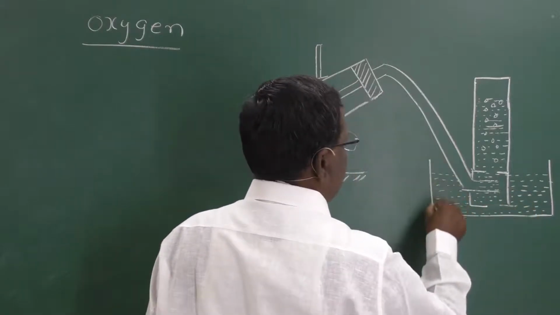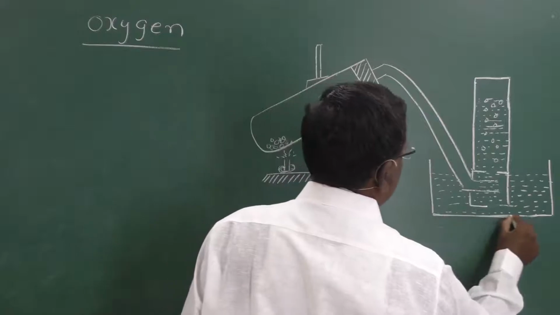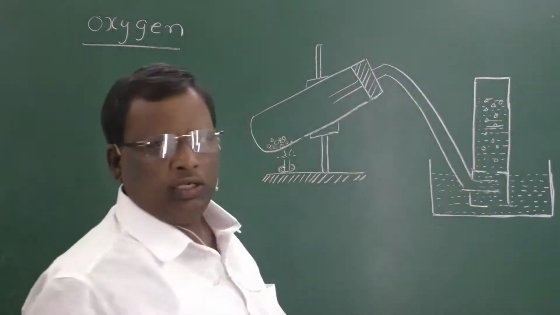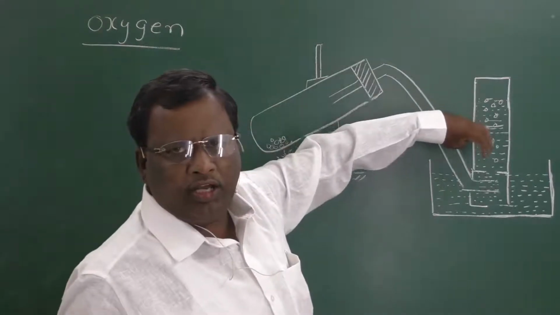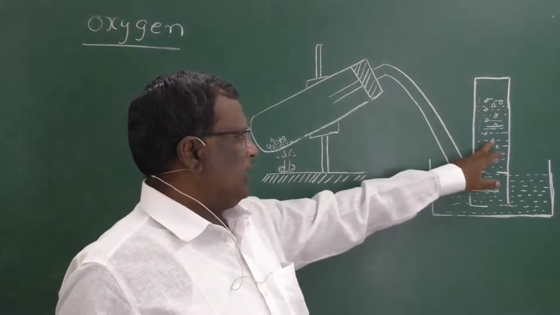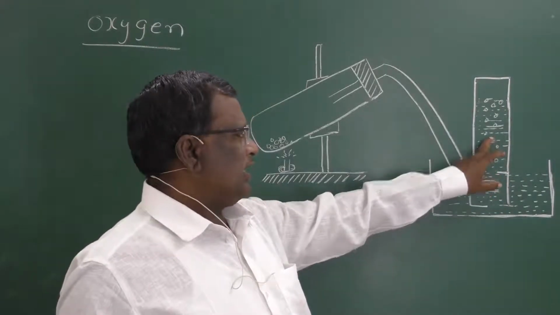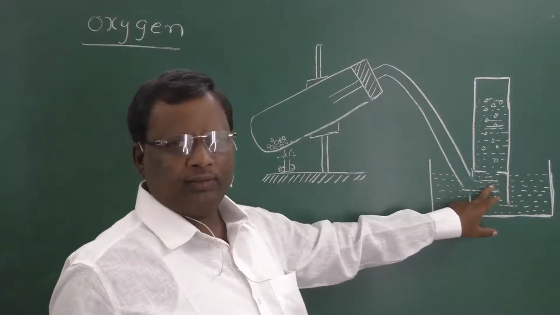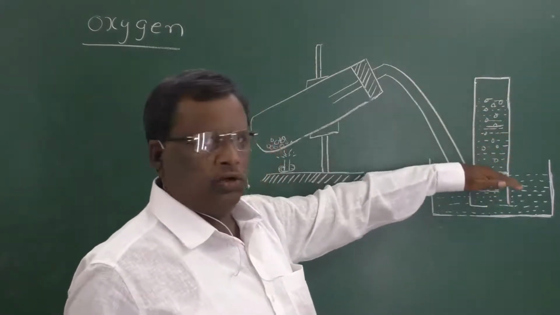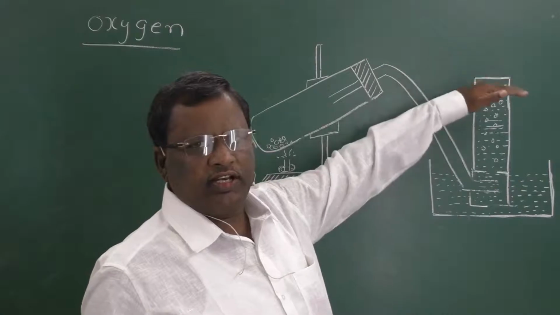This is a jar containing a certain amount of water. A glass collecting jar is filled with water and inverted on the beehive shell, so that the gas which appears here will enter the gas collecting jar through this beehive shell. Gradually the water level will fall as oxygen enters it.